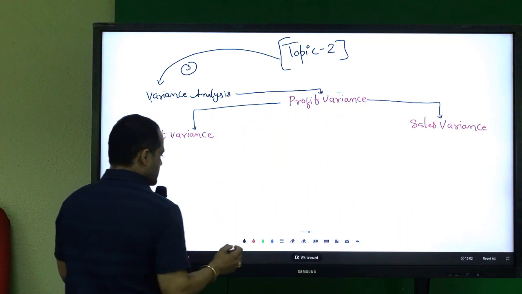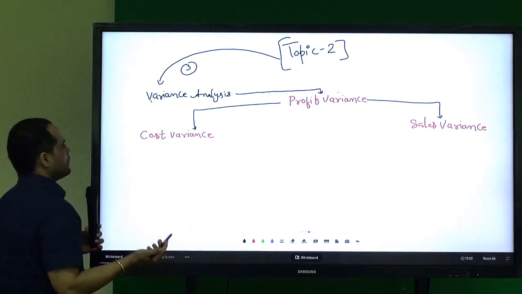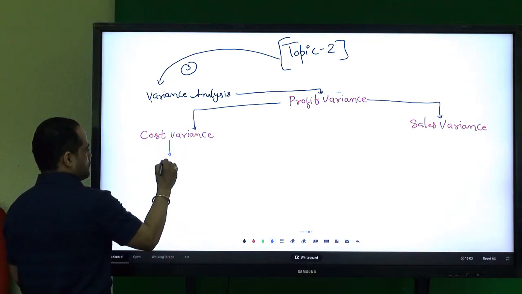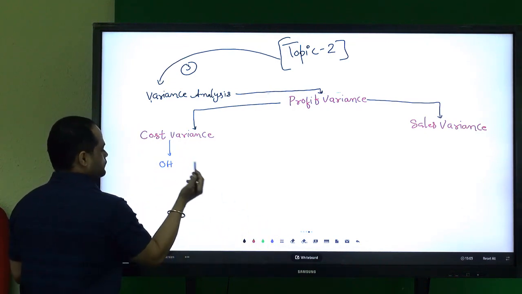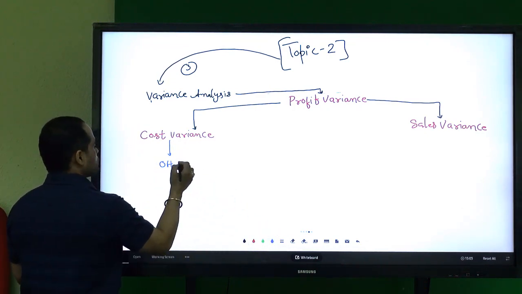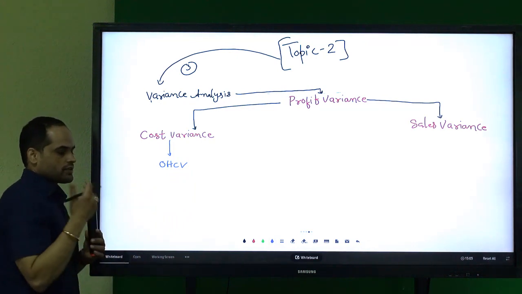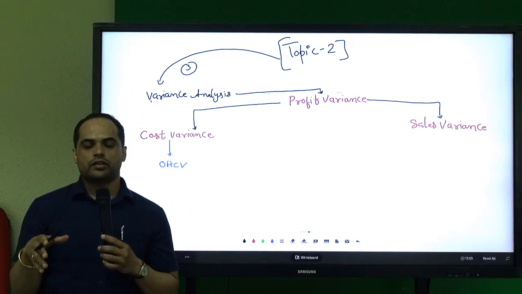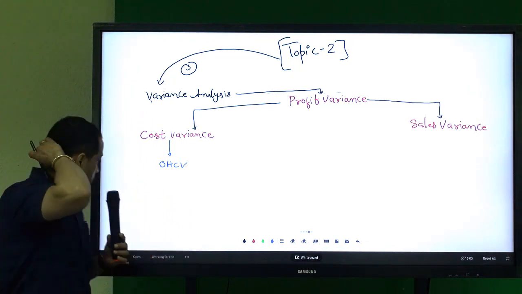In cost variance, let's start with the overhead. Overhead cost variance is a combination of two types of variances: variable overhead cost variance and fixed overhead cost variance.